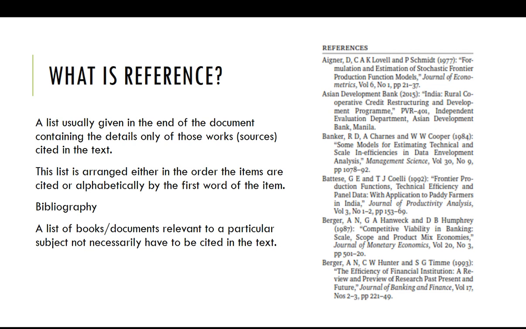In the reference list only those works which are cited in the text will be included, whereas in the bibliography all the relevant works, whether cited or not cited in the text, will be included.